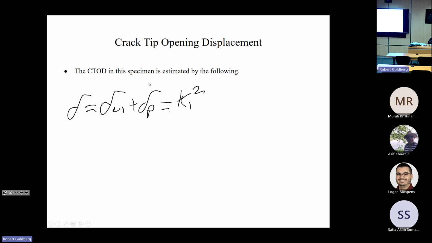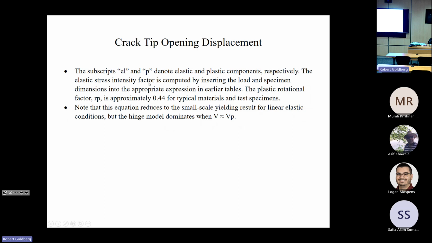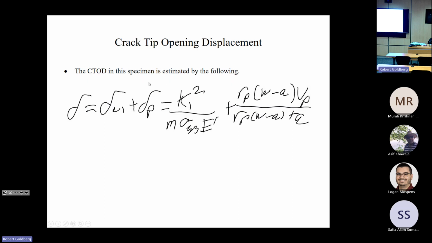The elastic part is K1 squared, with our correction factor due to non-idealized loading, over E prime, plus R_P times (W minus A) times V_P, divided by R_P times (W minus A) plus A. The subscripts EL and P denote elastic and plastic components respectively.